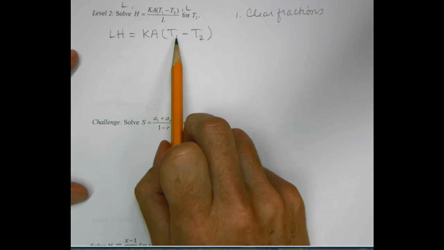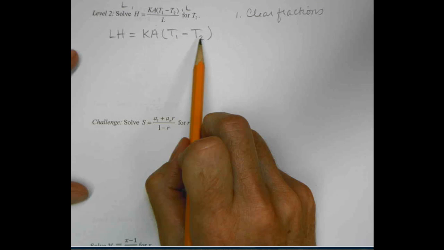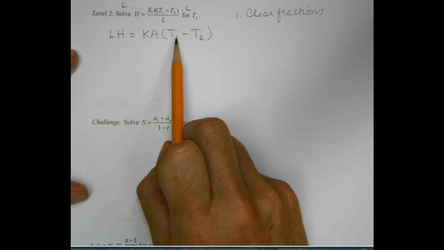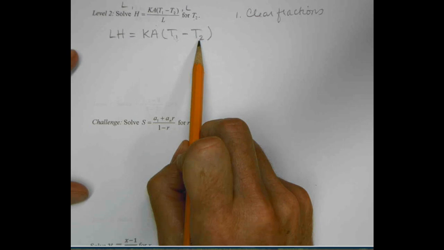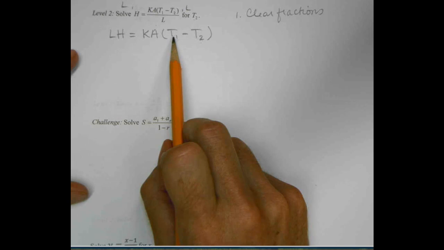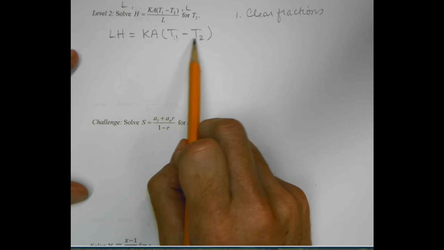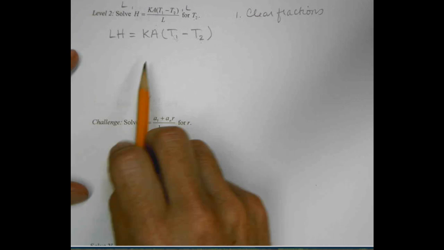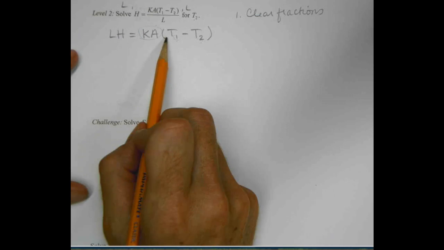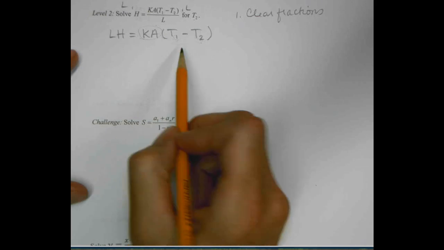Now these numbers here are called subscripts, and you say it as t sub 1 because t subscript 1 and t sub 2 for the subscript of 2. Now these are not the same variable even though they have the same letter. This subscript makes them unique. So they are not the same, so they cannot be combined in any way. Now I have this Ka being multiplied by the quantity t sub 1 minus t sub 2.